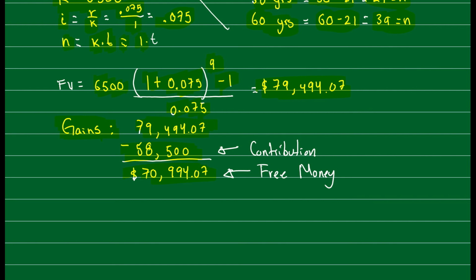Remember, your contribution you can withdraw at any time you want. Whether you're going to pay taxes or not depends on what type of retirement account you choose. Do you choose one where you pay taxes before investing, or one where you already pay taxes and then you invest the amount that you had?